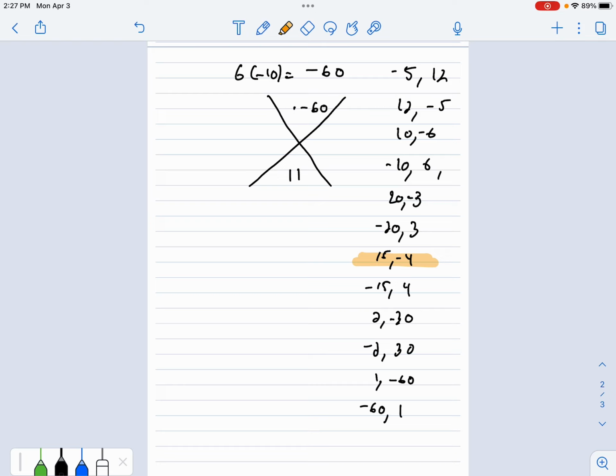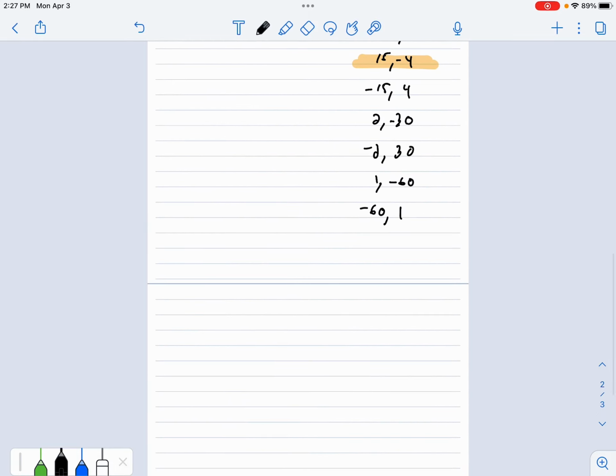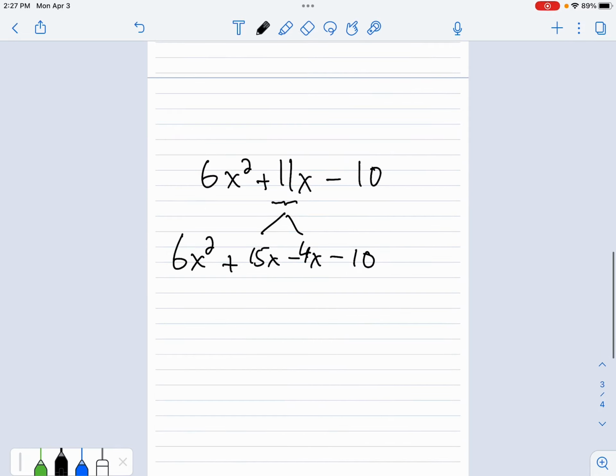Now we go back to our polynomial, 6x squared plus 11x minus 10, and rewrite the 11x with the two numbers we found, 15 and minus 4. So we get 6x squared plus 15x minus 4x minus 10.